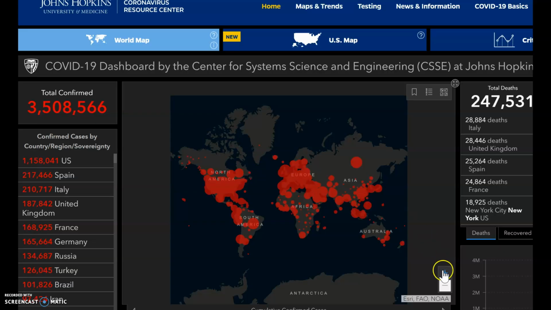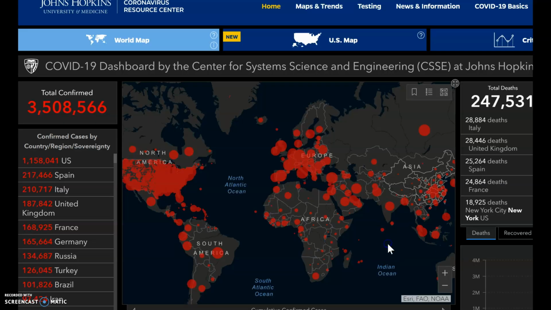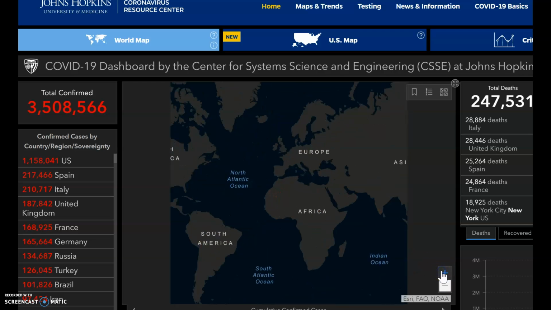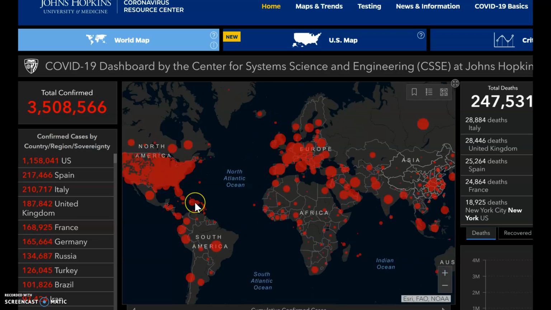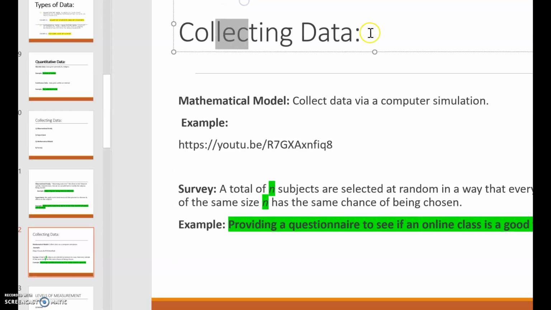Take a look at the map. Almost everything is red. It was a different virus and a different scenario. But in any case, the mathematical model had predicted that all these urban areas would be infected by that given condition. Okay, let's go and talk about the next data collection process.